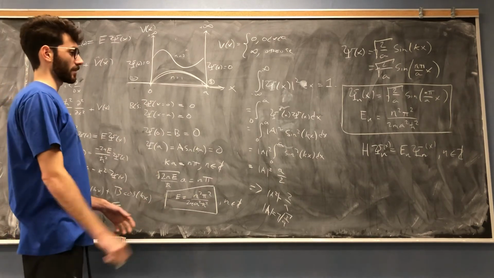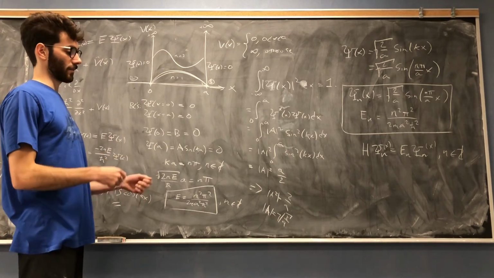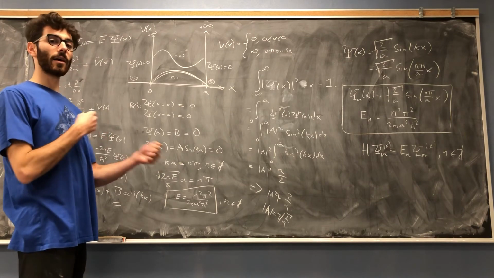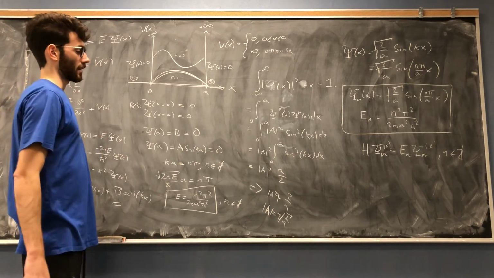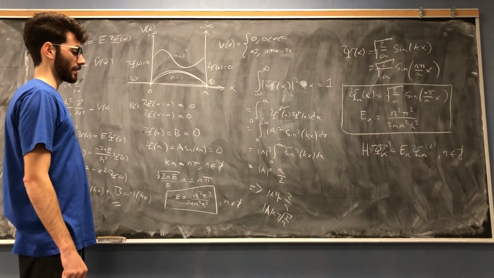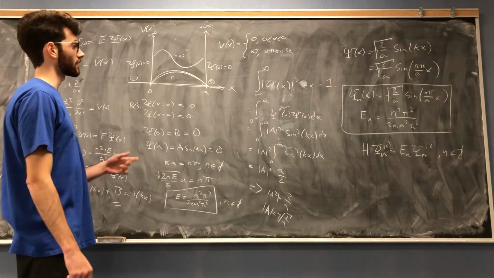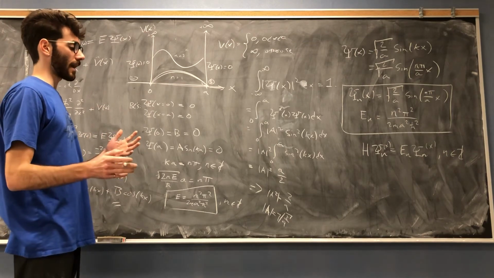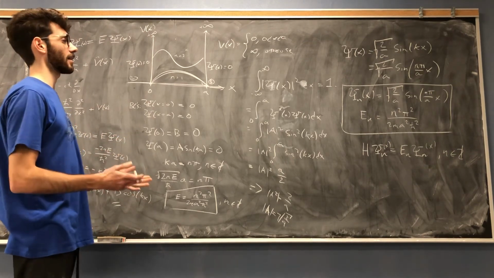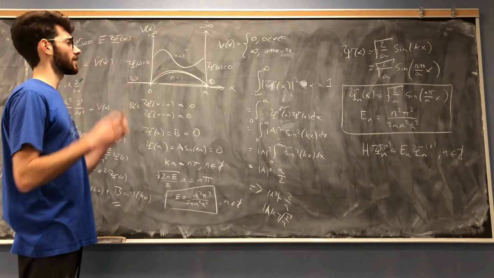And so in principle, just like from classical mechanics where you have masses oscillating on springs, the eigenvalues of those equations of motion, those eigenvectors, can be added in linear combinations to construct any sort of motion that you could think of.